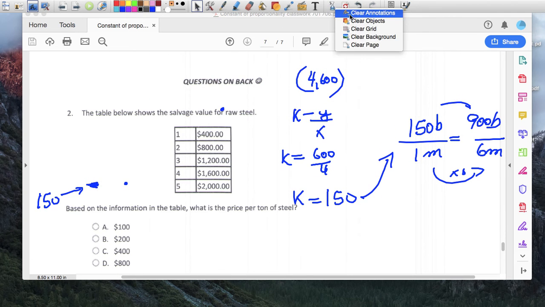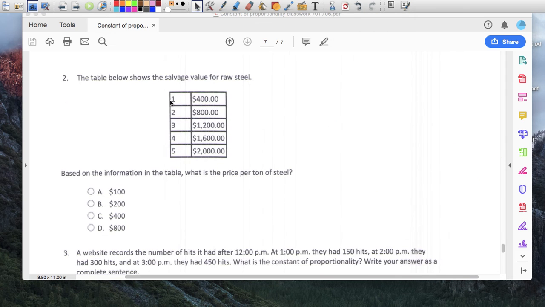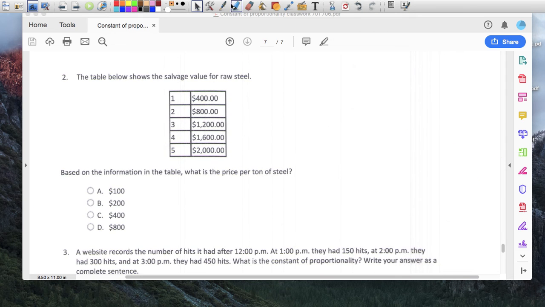And we have one more question. Okay, so anytime you have a table, let me just write x and y here, and you have a value for 1, that's pretty much your unit rate. Based on the information in the table, what is the price per ton of steel? Well, I just showed it to you, right?